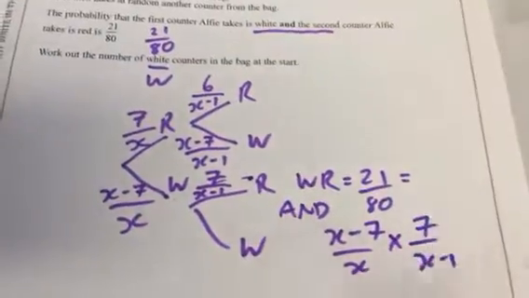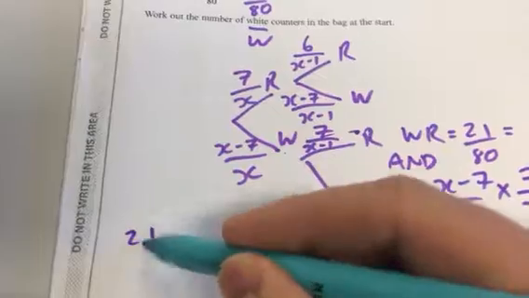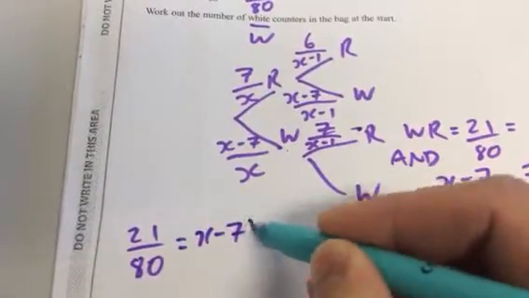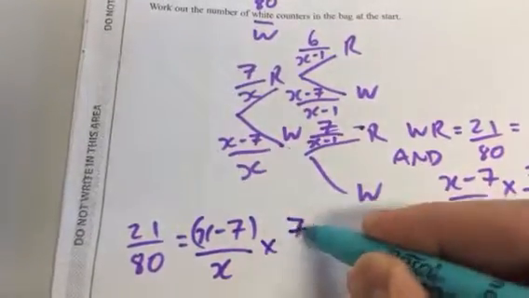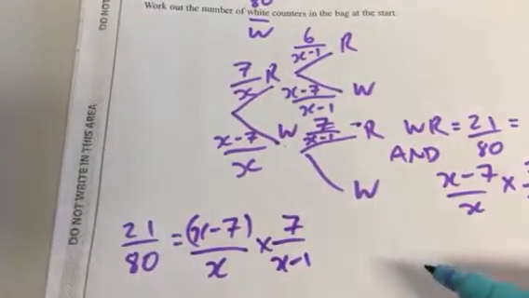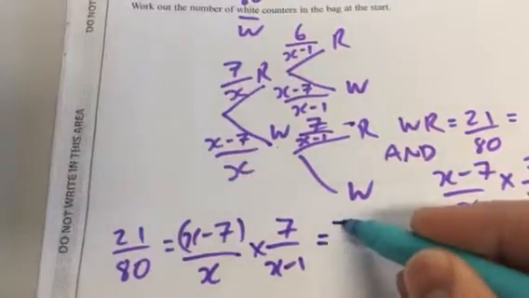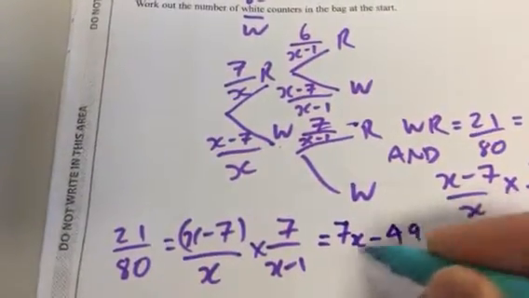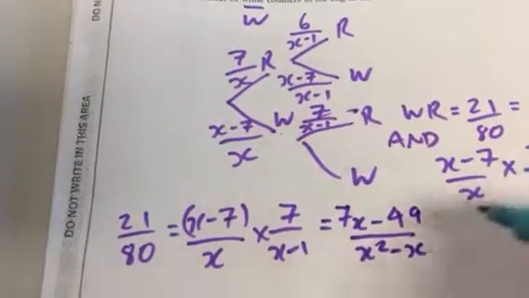So now we've got an equation that we can solve. 21/80 equals X minus 7 over X, that's the white ones, and that's the red ones. So what I'm going to do now is multiply the numerators together. I get 7x minus 49 over x squared minus x.